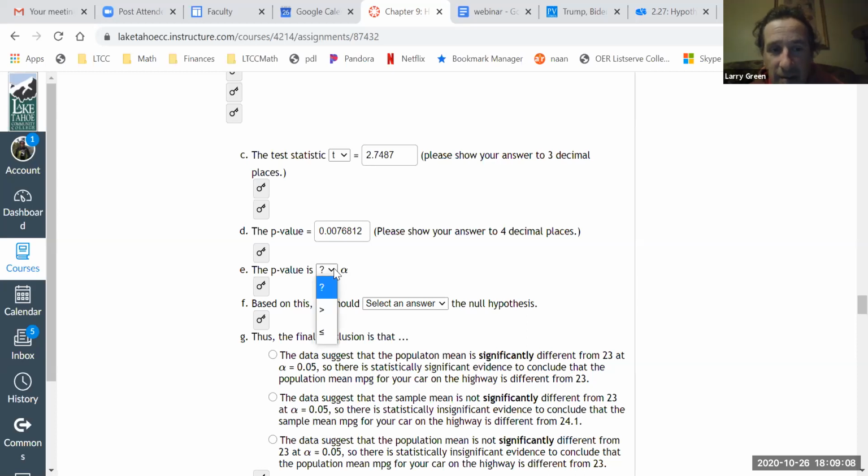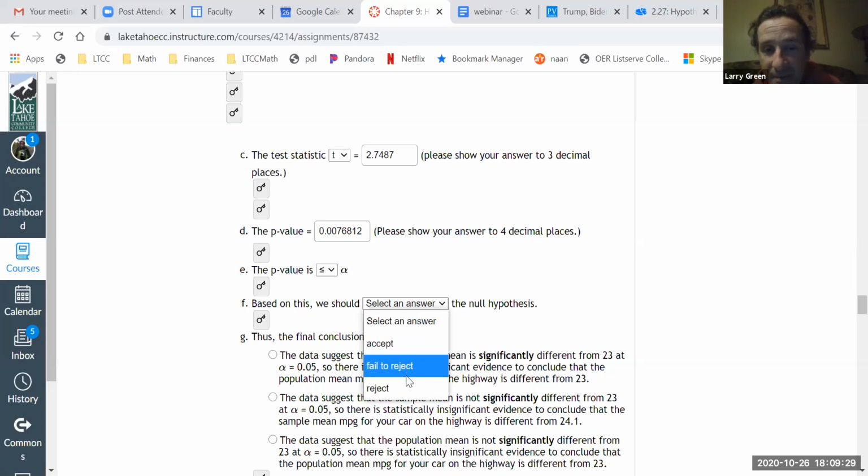Okay, is the p-value greater than, or is it less than or equal to alpha? Yeah, it's less than or equal to. So based on this, if it's less than or equal to, do you accept, fail to reject, or reject the null hypothesis? Yeah, we reject the null hypothesis.